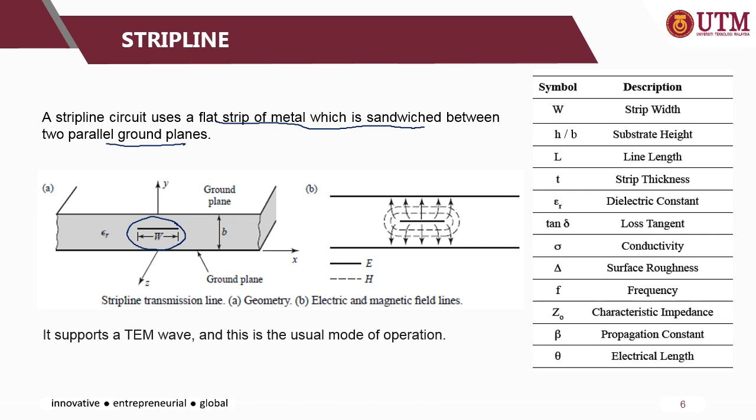In comparison to the microstrip, where the conductor is placed on top, for strip line the metal strip is sandwiched in between two parallel ground planes. The table on the right hand side shows some of the notation and symbols that you are going to deal with in the strip line and microstrip line analysis.